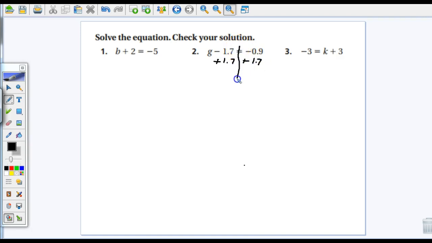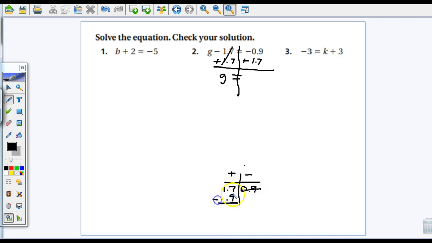Let's go ahead and draw my line down here. Okay, this becomes 0. I'm going to bring down my g is equal to. Now I have to add, okay. I have a negative and a positive. I'm just going to use my T-chart, my column method, I'm sorry. Let's say plus and negative. 0.9 is negative. 1.7 is positive. 0.9 is smaller, so we're going to subtract 0.9.